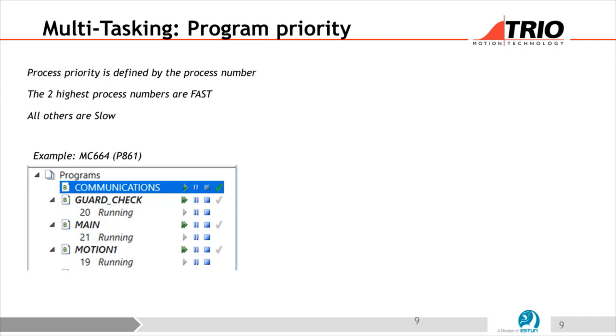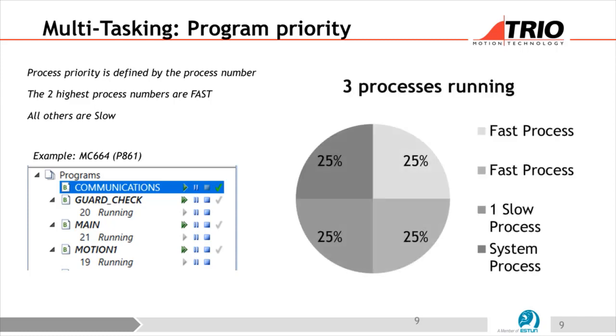So I've got 3 programs running there. See the process numbers, 20, 21 and 19. What's happening is that 20 and 21 are my fast ones, which are shades of grey here, these two, and then one slow process, or level process as it's known, which is that one, and then actually a quarter of that has to be given over to the system.